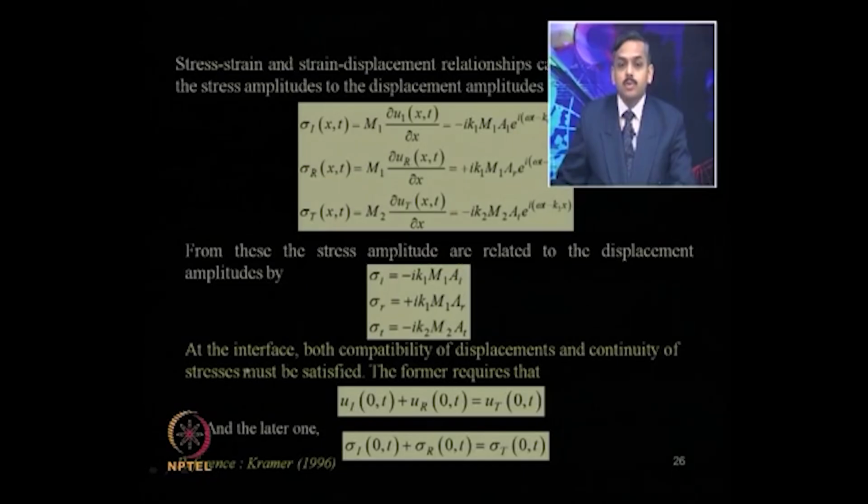Now, we have to use the boundary conditions, that is, at the interface of the two materials 1 and 2, both the compatibility of displacement and the continuity of stresses have to be satisfied. So, what does it mean?